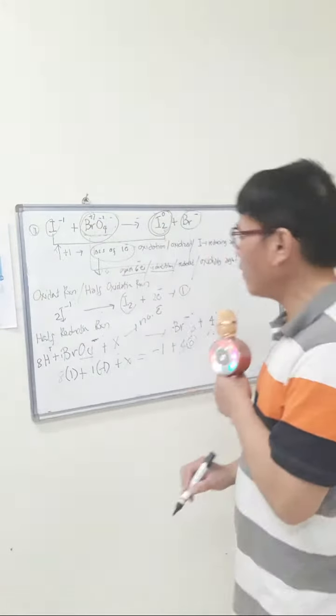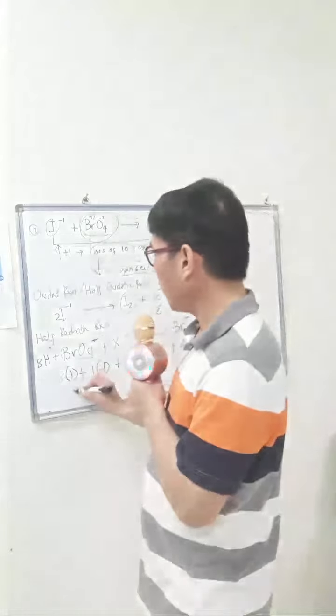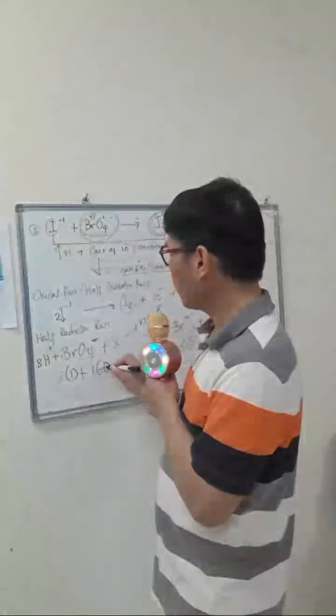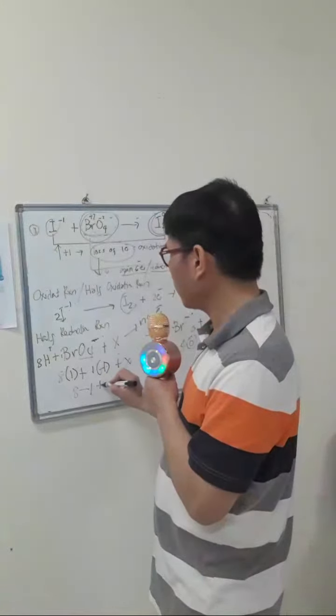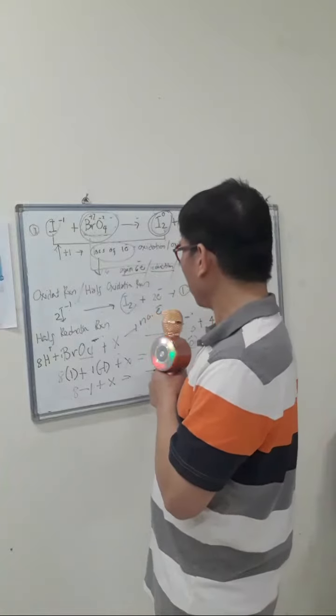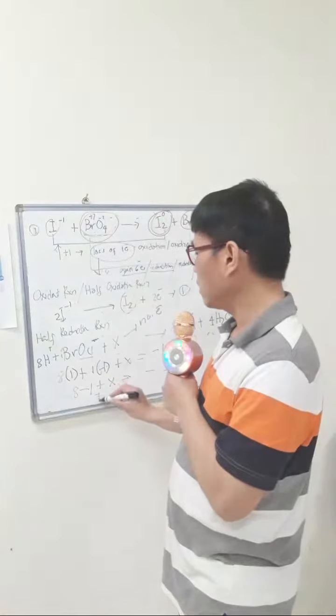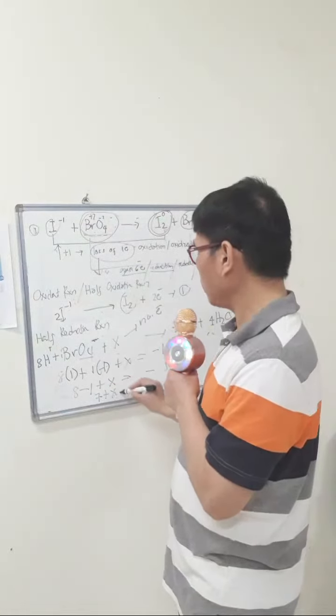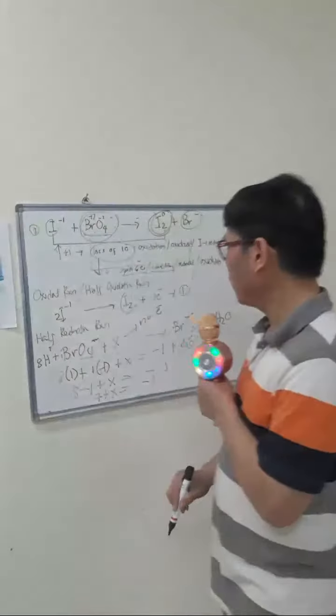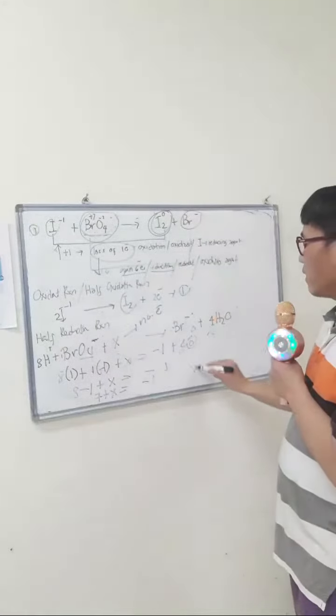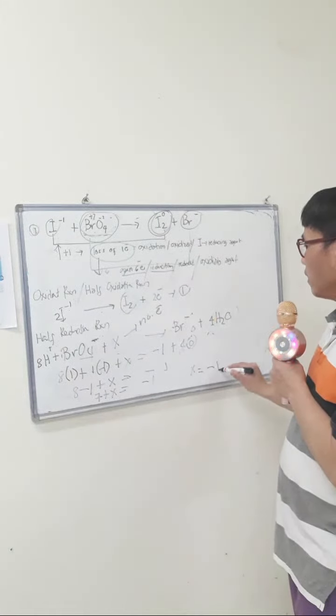So for the value of X: 8 times 1, 8, and then 1 times negative 1 is negative 1, plus X is equal to negative 1. 8 minus 1, my dears, is 7, plus X is equal to negative 1. Then therefore, X is equal to negative 1.